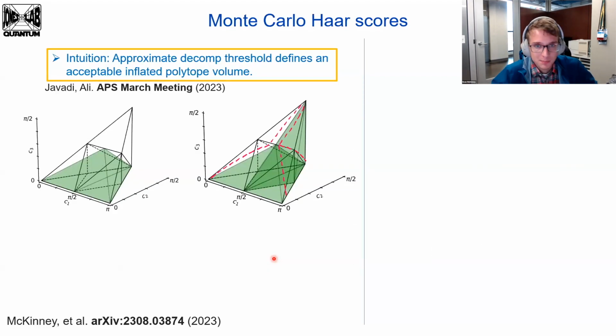So we're going to answer how much it improves the hash score, but we're going to add one more thing, which is approximate decomposition. Approximate decomposition is this fantastic idea that because the gates you're doing decomposition with are themselves noisy, in order to have the highest fidelity decomposition, you might choose to do an imperfect decomposition in order to boost the overall fidelity.